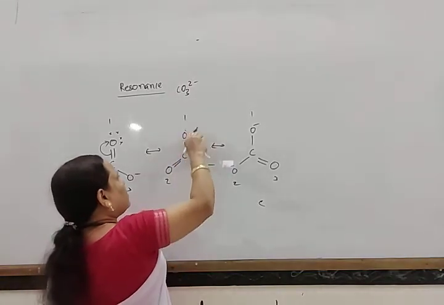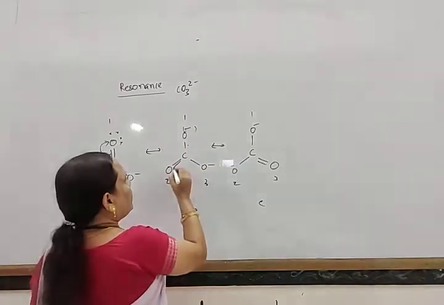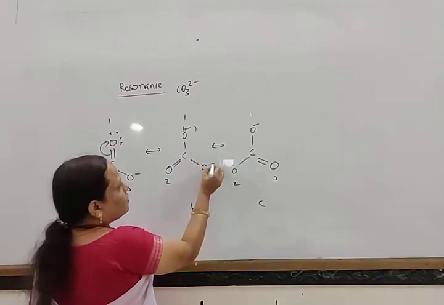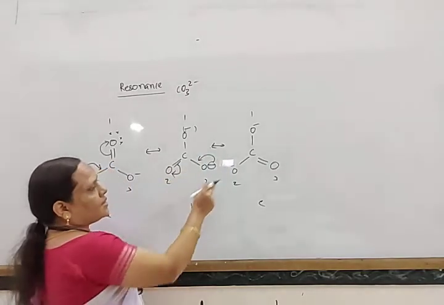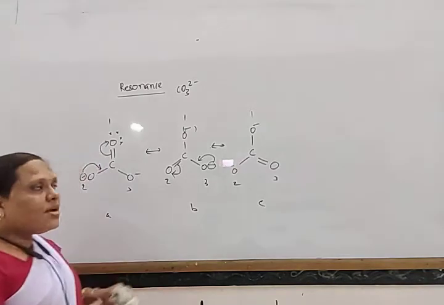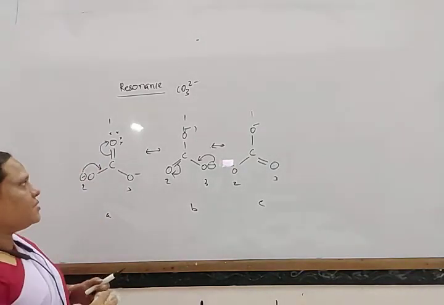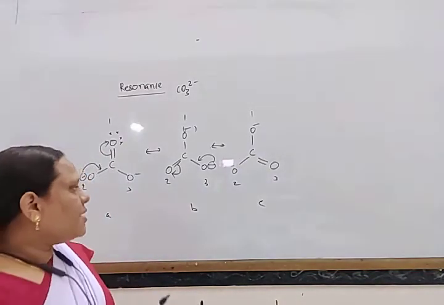Another, not here, the negative charge is there. And another way, if this electron pair comes here and this electron pair again, we get this structure. So these are the different structures of carbonate ion. So this concept is known as resonance.